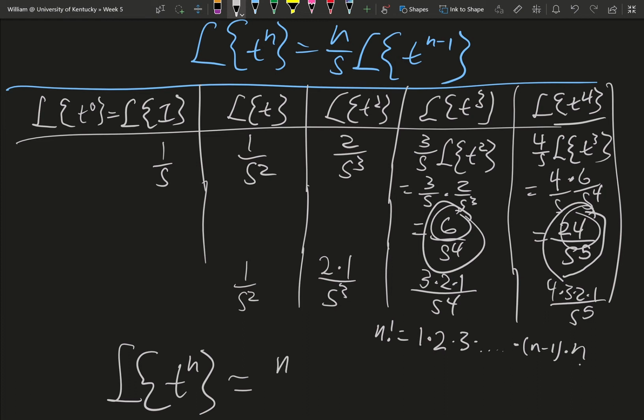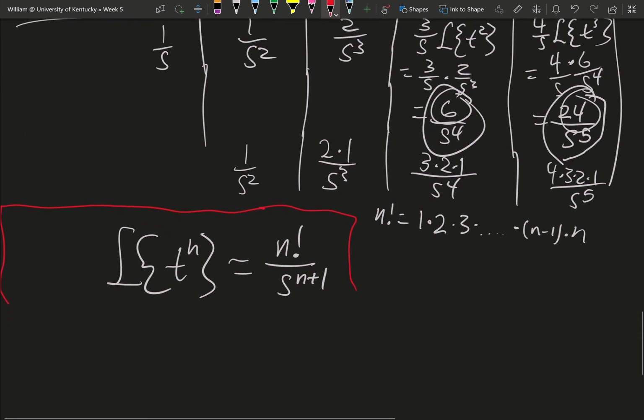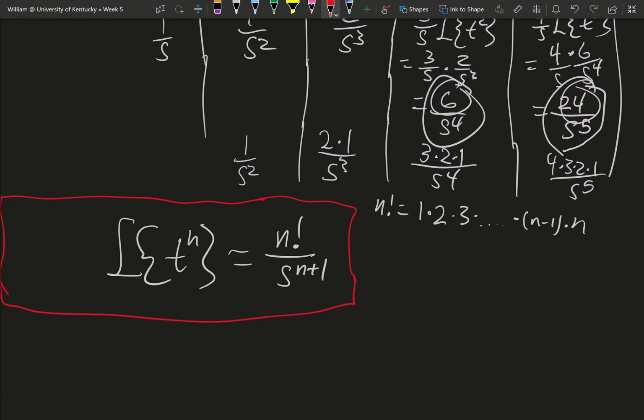And so this is just n factorial divided by s to the n plus 1. And so this is a rule for powers of t for the Laplace transform.